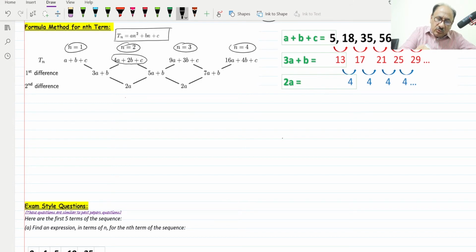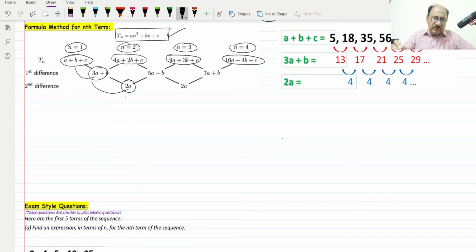Similarly, if n is equal to 3, we get 9a plus 3b plus c. This one will be by replacing 4, and we will form this equation. Now the differences will be 3a plus b and 2a. We will be using these three terms.